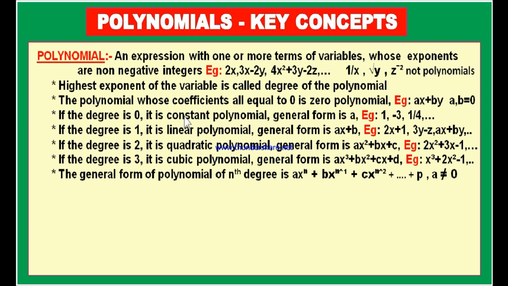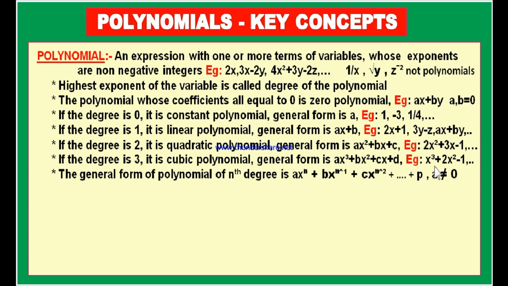So you learn a polynomial of first degree, you learn what is a polynomial of second degree, and you learn what is a polynomial of third degree. Similarly, you can write a polynomial of fourth degree, fifth degree and sixth degree also. Now you may try to write some examples for a linear polynomial, for a quadratic polynomial, for a cubic polynomial, and similarly for a polynomial of fourth degree, fifth degree and sixth degree also.